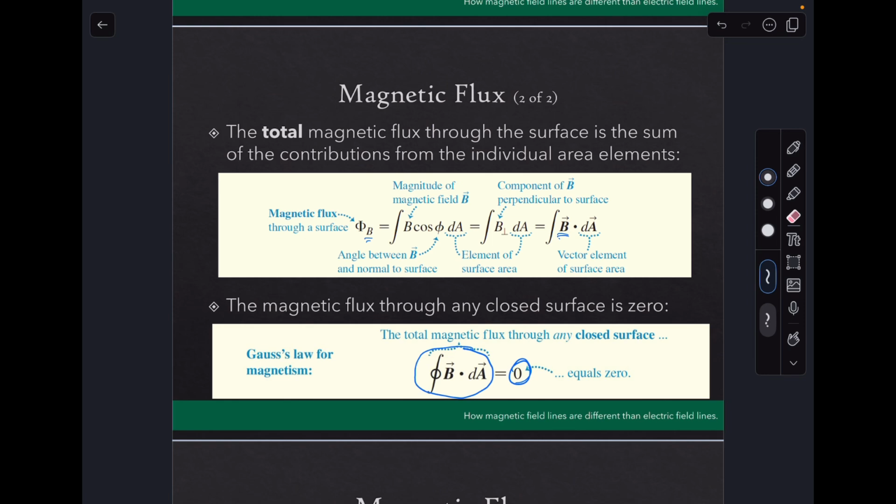So anytime you put a magnet inside of a box, the flux through that box is going to add up to 0 because the magnetic field lines coming out of the North Pole will cancel out the field lines going into the South Pole. And so that's why the right-hand side of Gauss's law for magnetism is always 0.